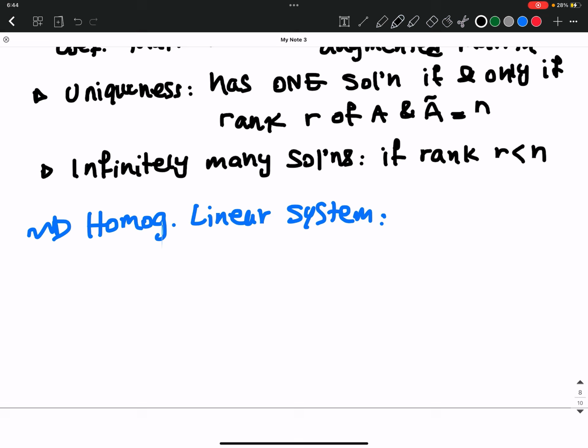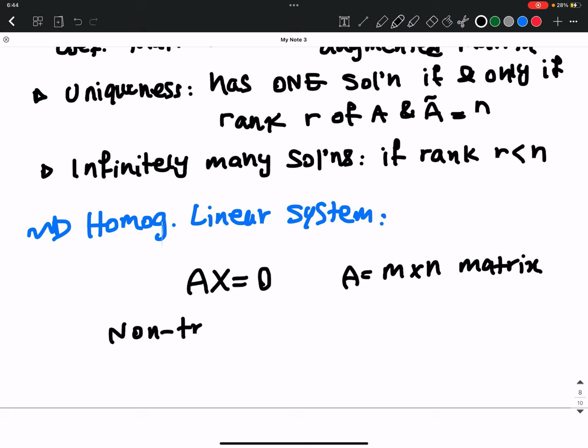A homogeneous linear system is a system where you're solving AX equals 0, where A is again an M by N matrix, and this homogeneous system has non-trivial solutions, meaning anything other than 0, right?